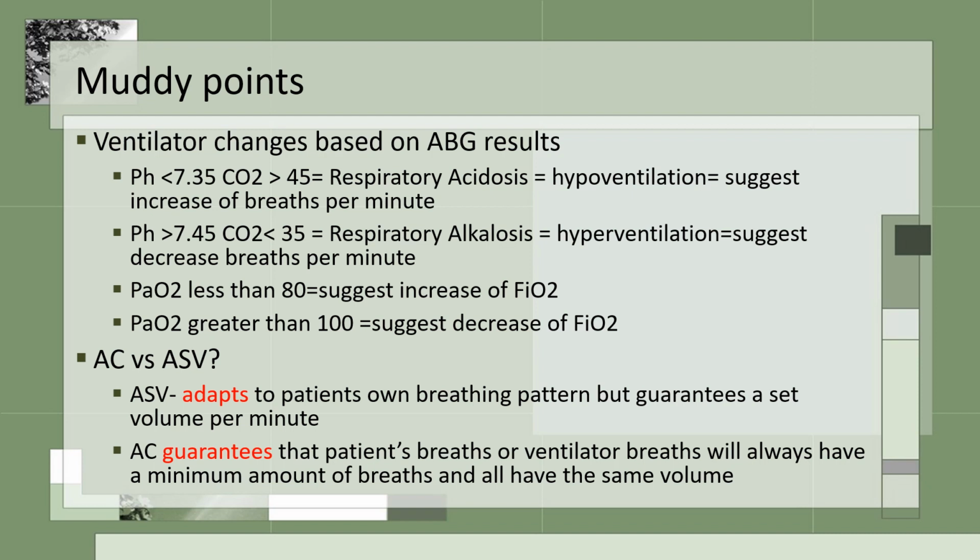And AC is control. It controls those breaths, and the patient will always have a minimum number of breaths and all have the same volume. So just remember the title of it. ASV adapts and AC controls. So that's the big difference there.